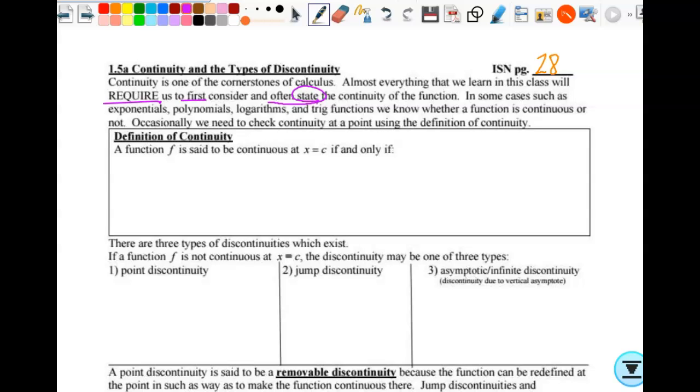Okay, so the definition of continuity. A function f is said to be continuous at x equals c if and only if all 3 of these things have to be true. First, f of c exists.